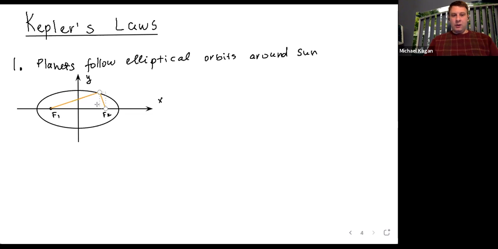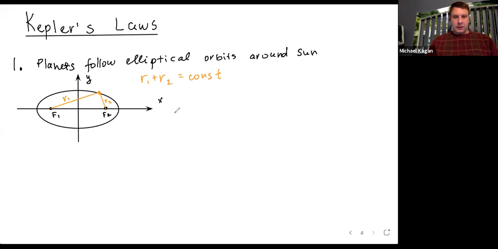That has to do with the focal distance, the distance between F1 and F2. If you squeeze them together into one point, then this definition becomes the definition of a circle, where you just have a constant distance to a given point. So let's call the distances R1 and R2. The mathematical definition is that R1 plus R2 is constant.